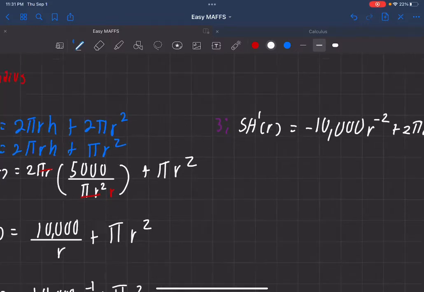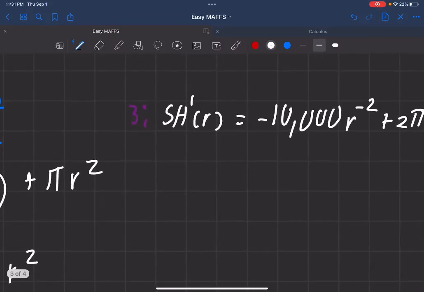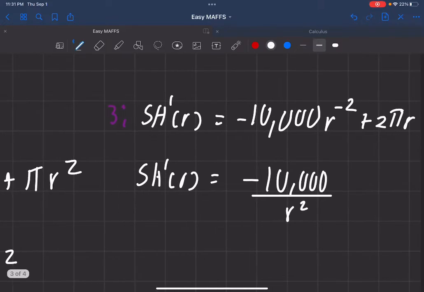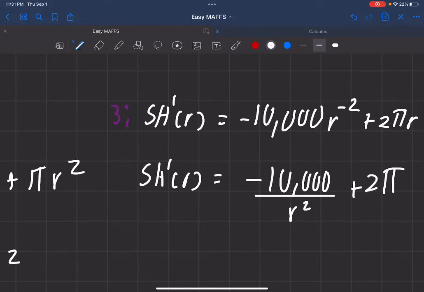And we can simplify this a little more. So surface area prime of r is equal to negative 10,000 over r squared plus 2 pi r.